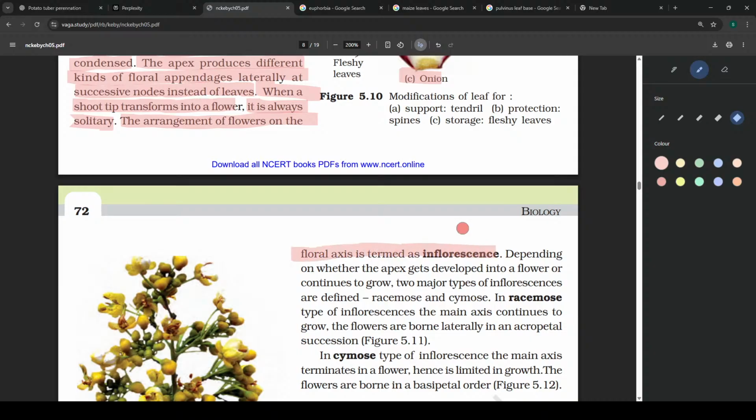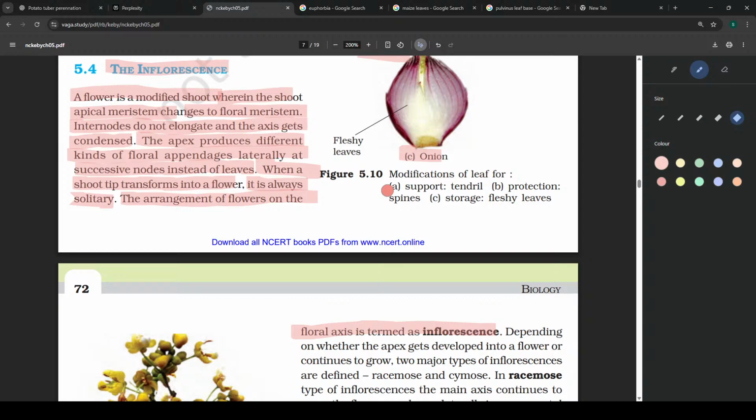Okay, what they're saying is whenever at a single node the floral meristem forms, it will be only a single flower. Solitary, that's what it means. The shoot tip transforms into a flower and it is always solitary.